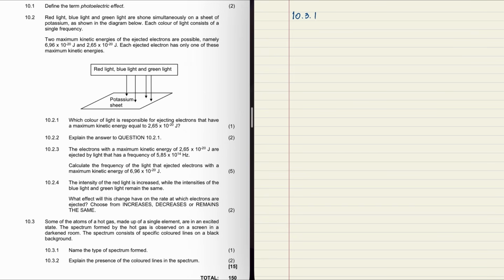So this is called an emission spectrum. You should just remember that if a hot gas is hot, you will have an emission spectrum. And if it's cold, you will have an absorption spectrum. So hot gas, emission spectrum.